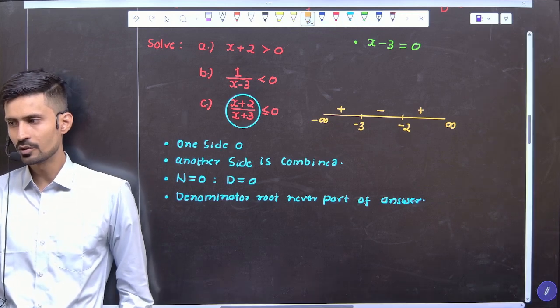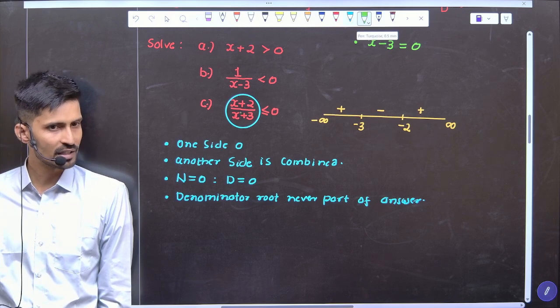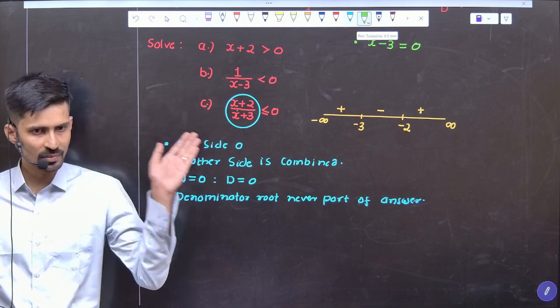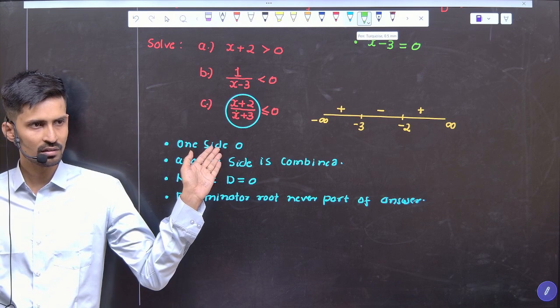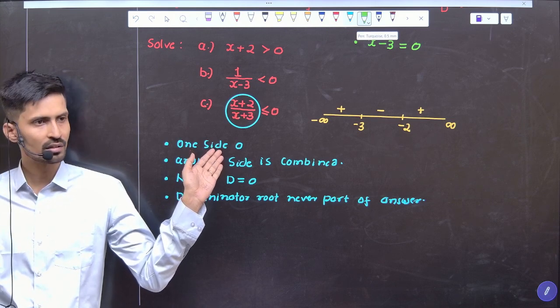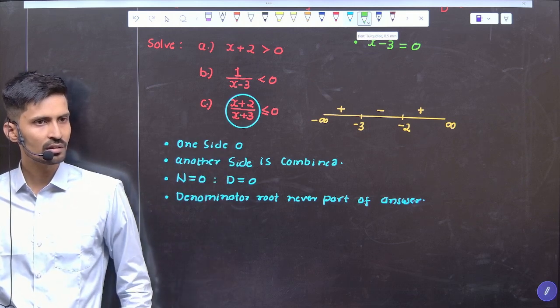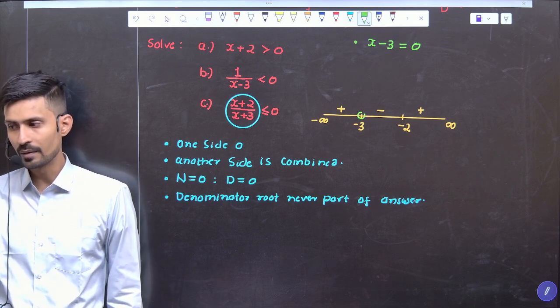So tell me, which root is denominator root here? Minus 3. Use your mind first. What is root of numerator? Minus 3. Why you are saying plus 3? So this minus 3 will be open bracket.